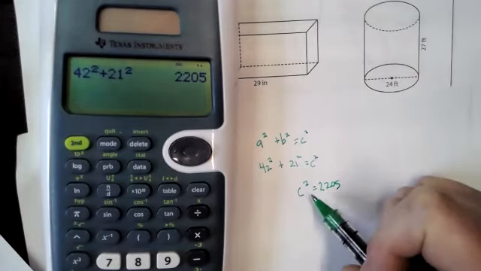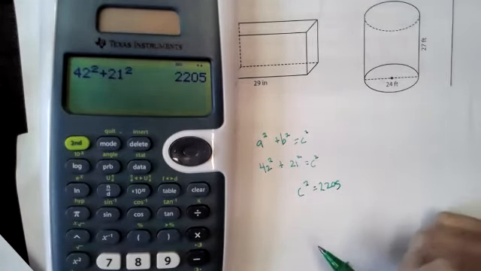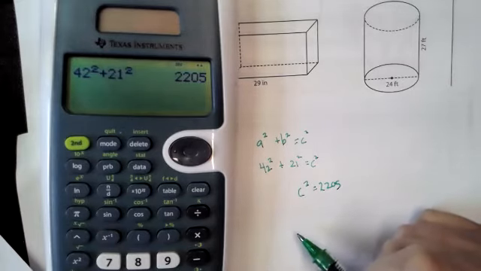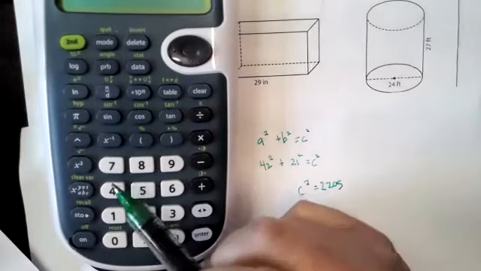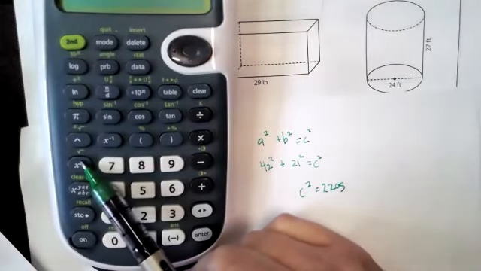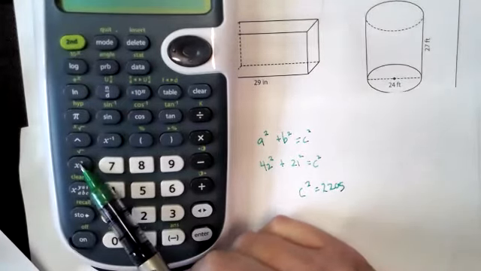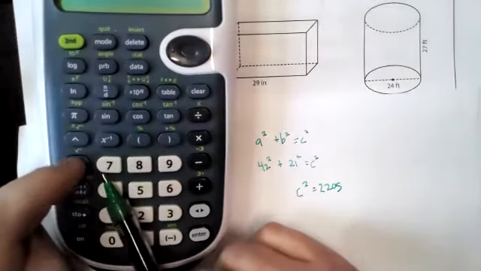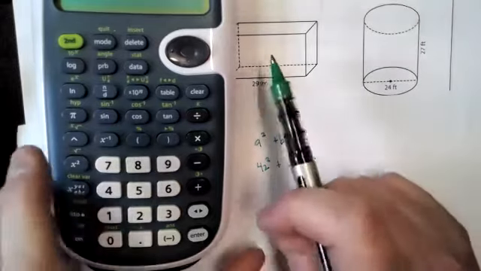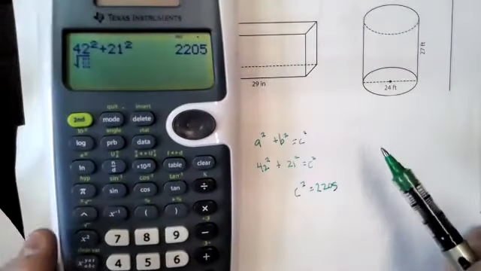How do you get it to the C? We need the square root of 2205. On your calculator, right here, you've got the square root button. It's at the top in green. So you click your green button, then your square root button. Let me bring that back down so you can see.